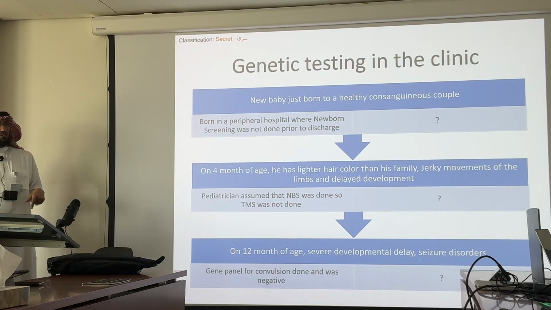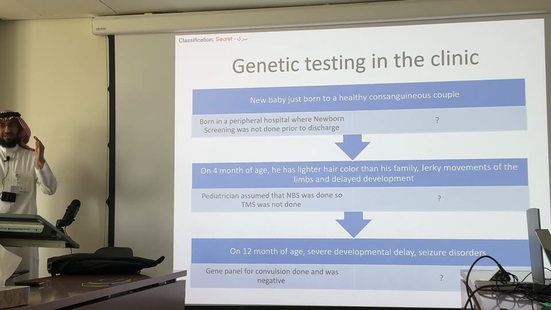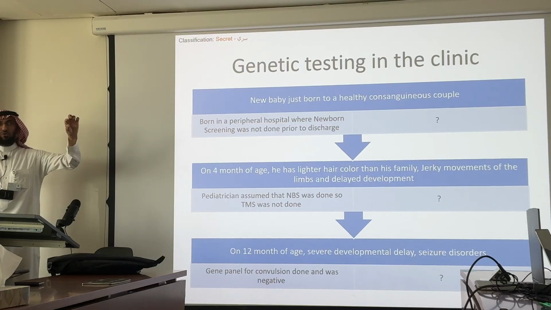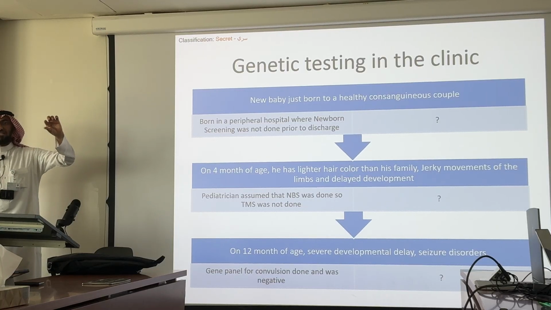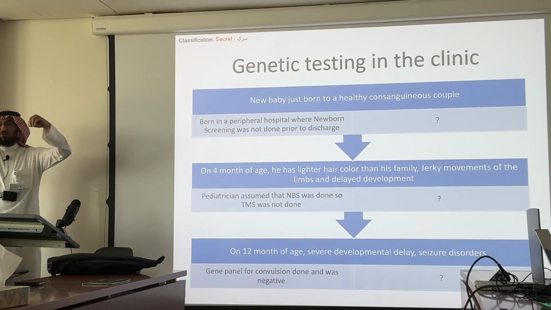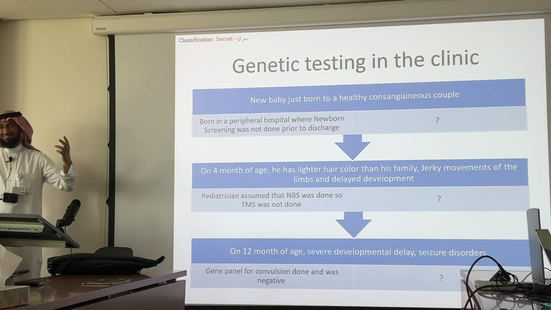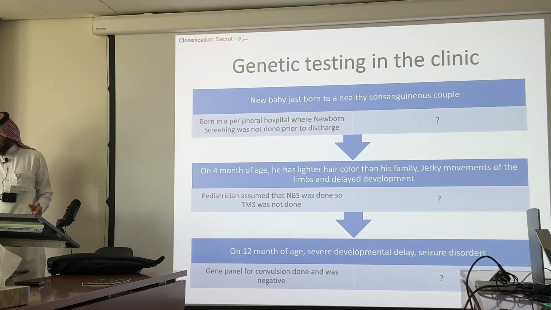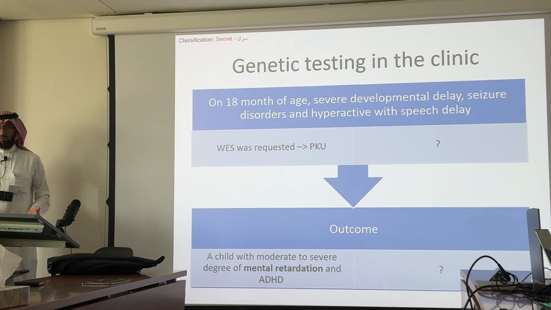At that stage, the physician asked for a gene panel for convulsion. He thinks convulsion is the problem, so he asked for a gene panel which includes the genes that lead to convulsion. Unfortunately, the disease was not included in this panel. So he was missed. At 1.5 years, he still has severe developmental delay and seizure disorder.